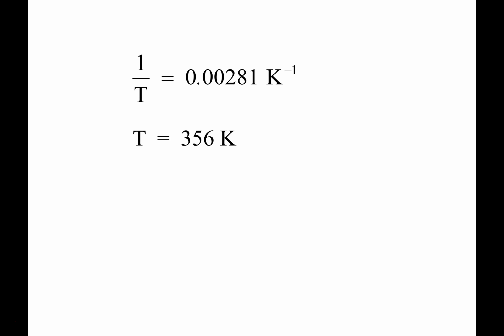Celsius is probably more likely. So to get to Celsius, what do I have to do? Subtract 273, exactly. So if I take 356 minus 273, it's 83 degrees Celsius. So according to our Clausius-Clapeyron plot, the normal boiling point temperature for nitric acid is 83 degrees Celsius.